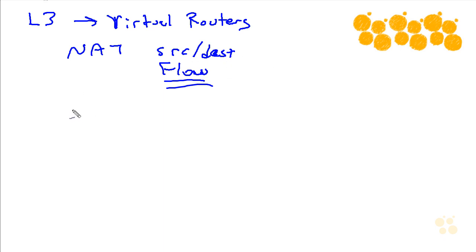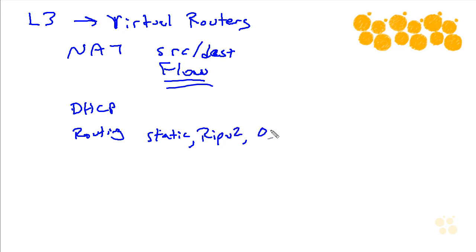We talked about our wonderful world of DHCP from both the server or the relay point of view, and then of course our routing, both static and dynamic. So what did we have for my protocols again? Let's say I had static, I had RIP v2, had OSPF, BGP. Oh yeah, and that policy-based thing, that PBF.